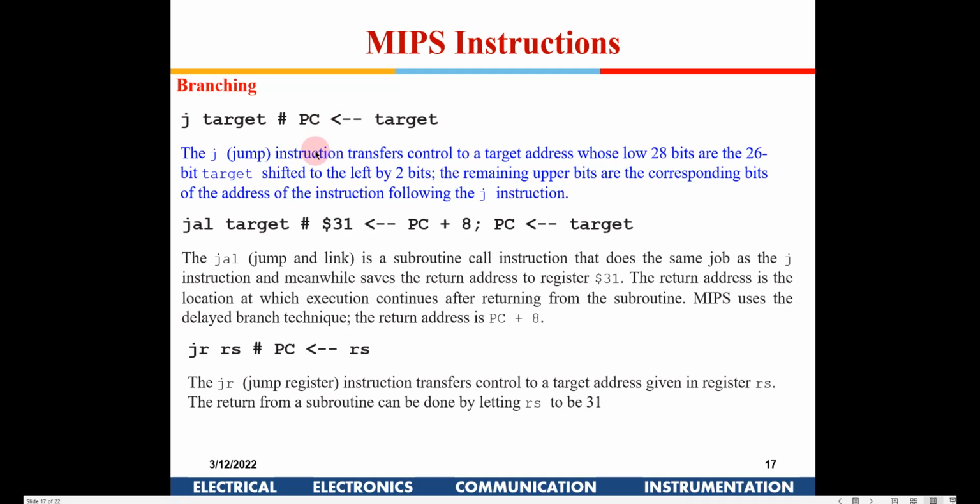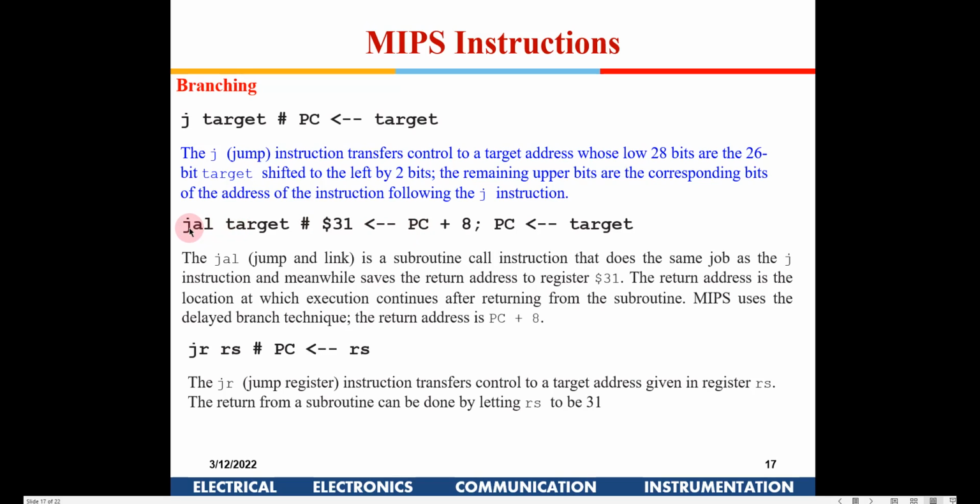But in some cases like jump and link, generally when you call a subroutine, it will go to the subroutine, and at the end of the subroutine you want to come back to the main program, right? So you need to save where you left the main program and went to the subroutine. The value of the current program counter needs to be stored somewhere.